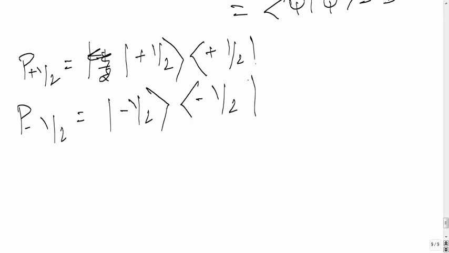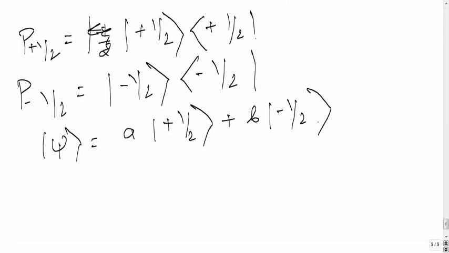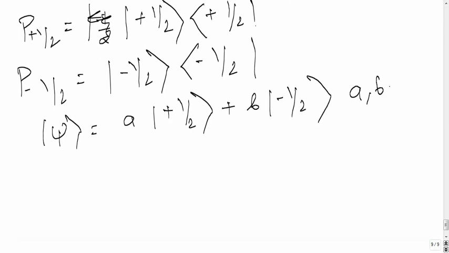We assume that the pre-measurement state of the system was some arbitrary linear combination of these two spin states, where a and b are complex numbers.